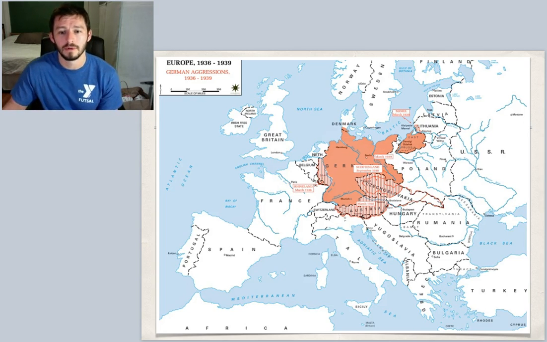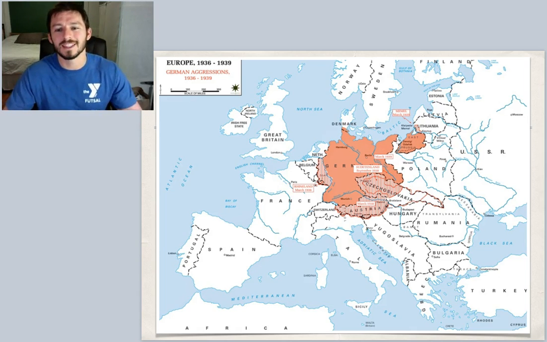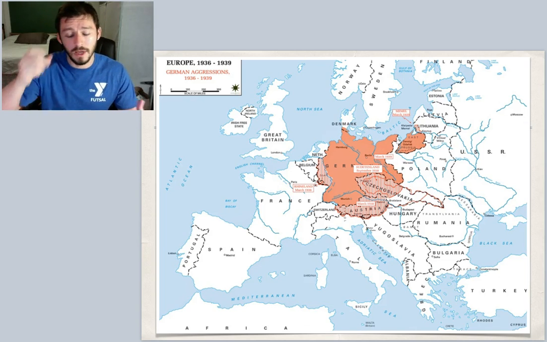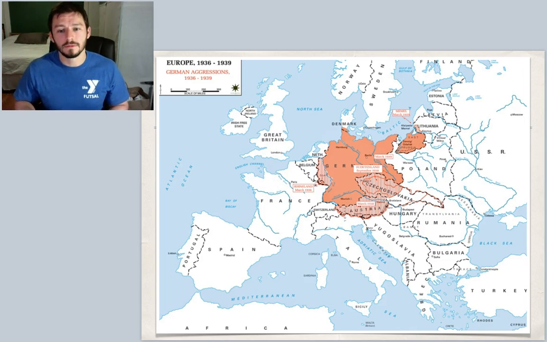Here's a quick map, kind of going over what we were talking about, showing Germany's expansion in the beginning. Now, we said how we started with the Rhineland, that region of Germany between them and France and Belgium and the Netherlands. He also expands into Austria.